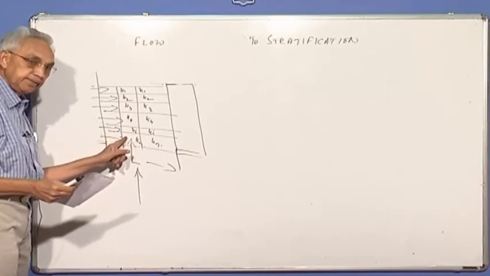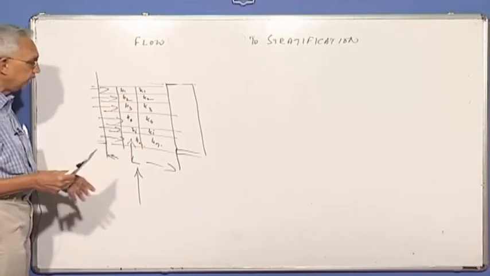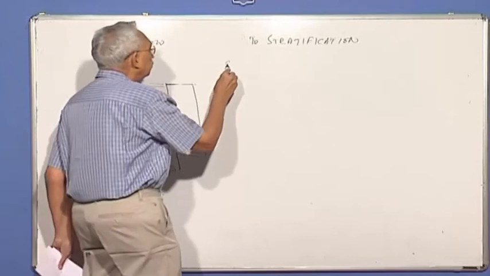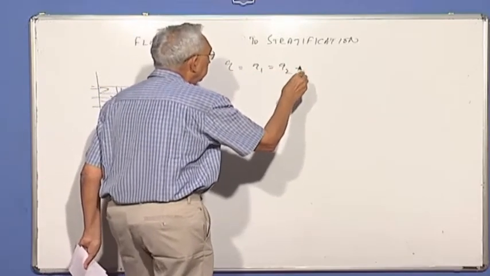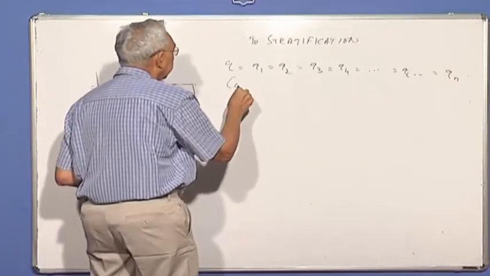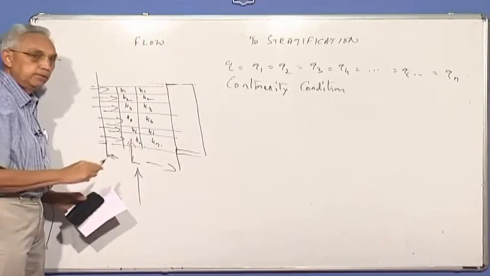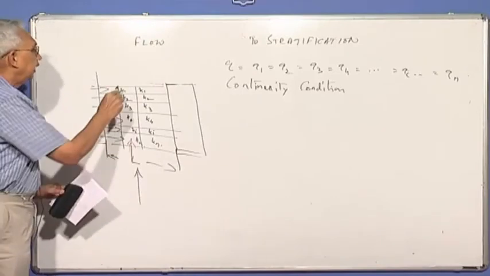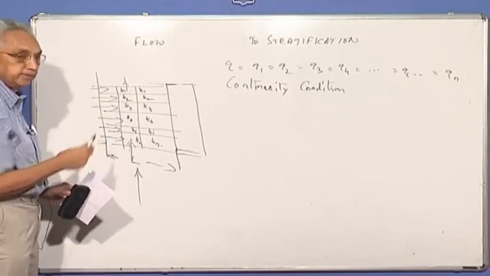Whatever water is passing through this channel, Q1, Qn, has to be the same here. So I would say Q is equal to Q1, Q2, Qi, Qn. This is called the continuity condition. The flow has to be the same. Whatever water goes in at any layer will have to come out from the other side and go on continuously.